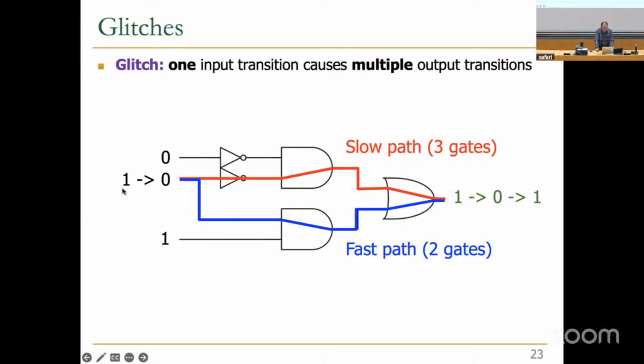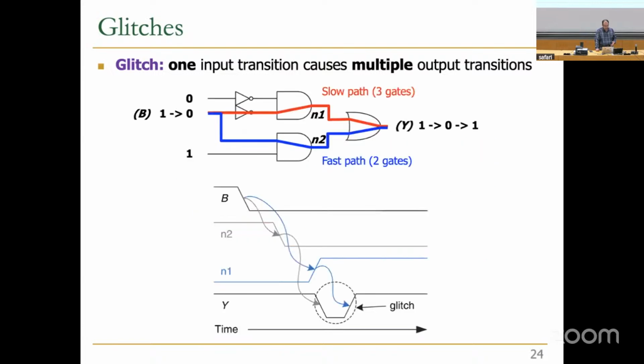Because when you move from 1 to 0 here, this becomes 0, and the output of this AND would be 0. And because of this OR operation, that initially was also 0, this OR operation is going to make the output 0. But after some time, you also get another value for this OR, which is 1. And then you need to go to 1, essentially. So that's the reason that you might see some glitches in your circuit.